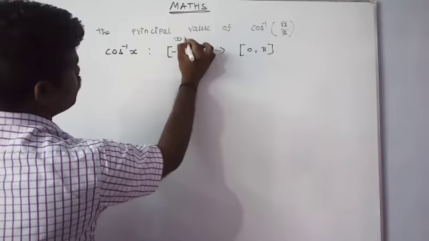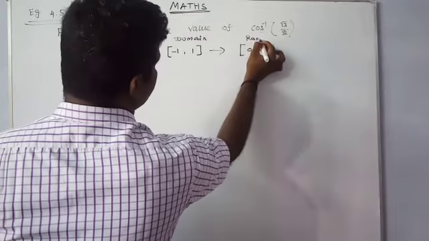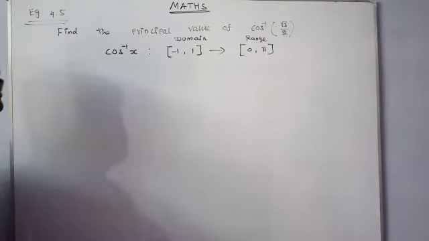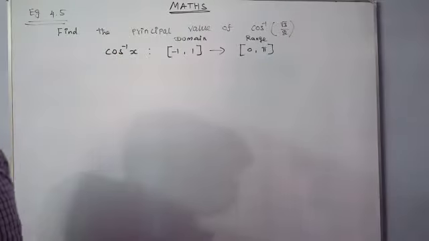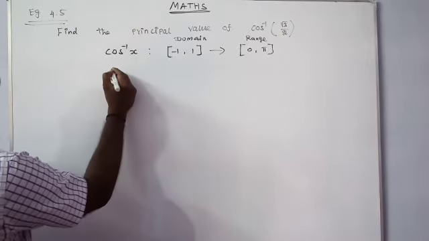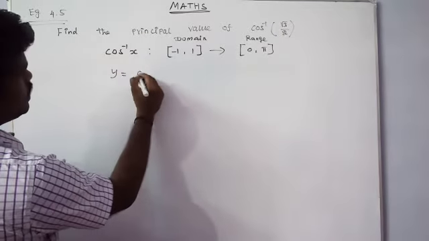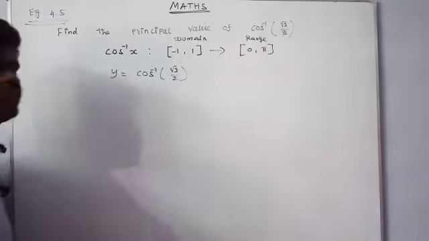This is domain and this is range. This is the domain of cos inverse x and range of cos inverse x, and we want to know the principal value. Okay, right.